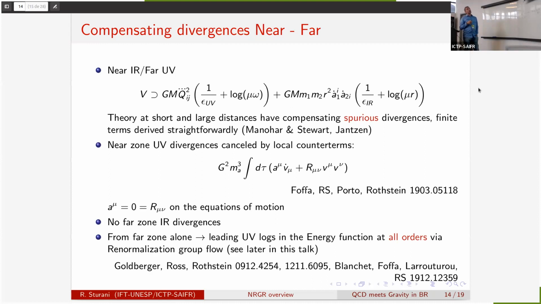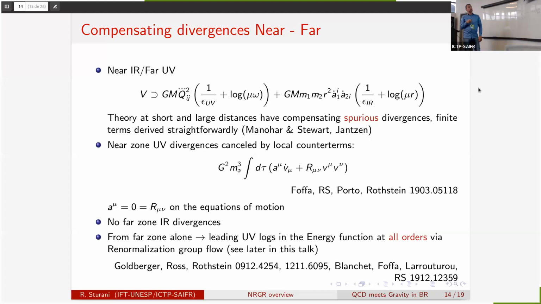But look at this. From the point of view of the far zone, the divergence is the UV one. This is the standard thing that you get in particle physics. When you get to a distance that is close to the size of what you thought to be the fundamental particle, then you get UV divergences, and you get the appearance of a spurious parameter, this recurring parameter mu.